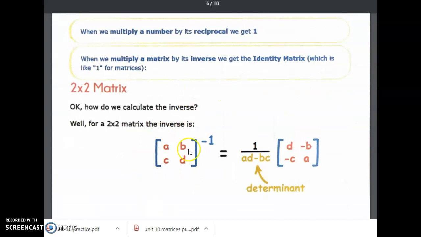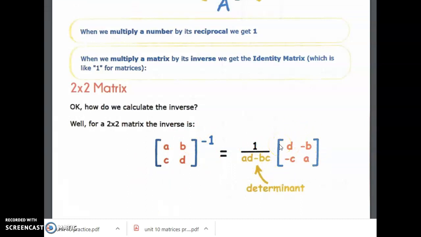So to find the inverse of a matrix, we multiply 1 over the determinant by this, we call it a comatrix. We swap the positions of our A and our D, and we change the signs of our B and C. That will give us our inverse matrix of a 2 by 2.